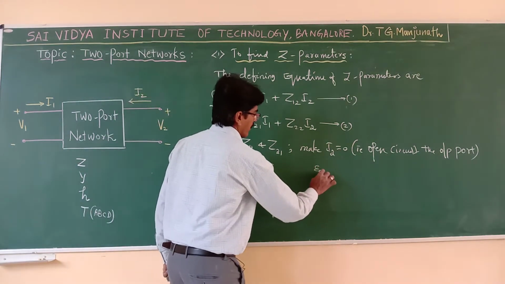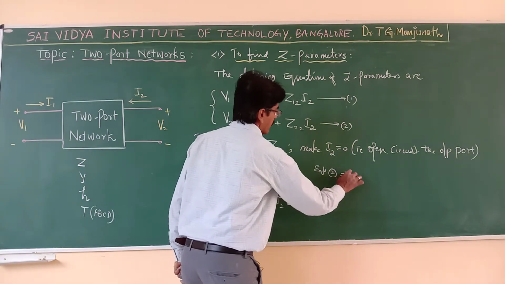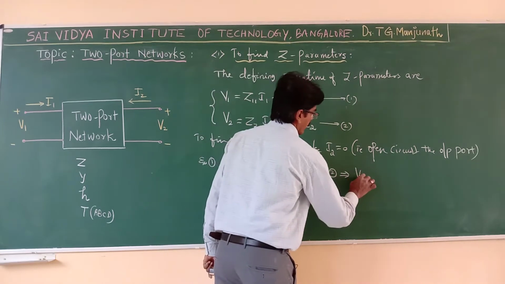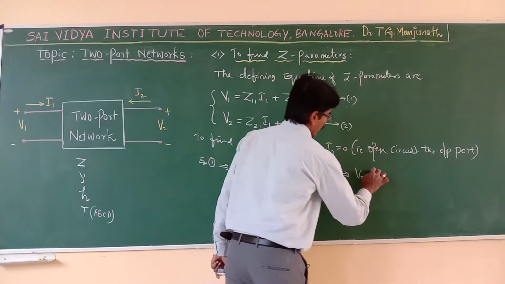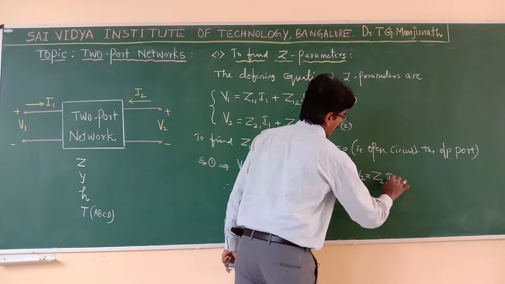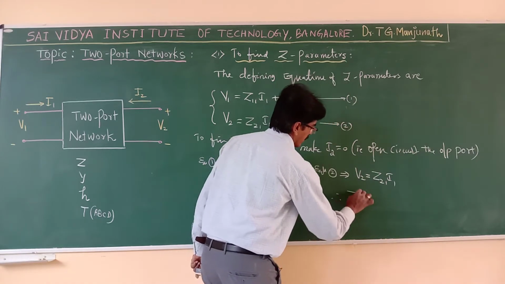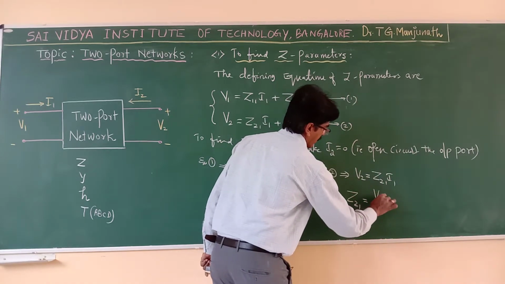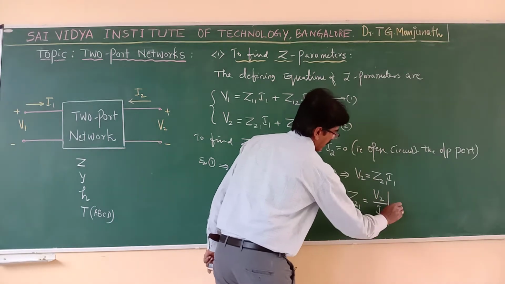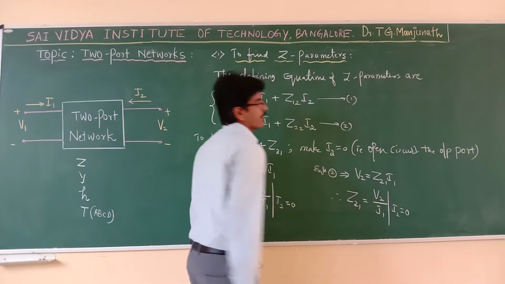Similarly, equation 2 becomes V2 is equal to Z21 I1. Therefore, Z21 is equal to V2 by I1 at I2 equal to 0.